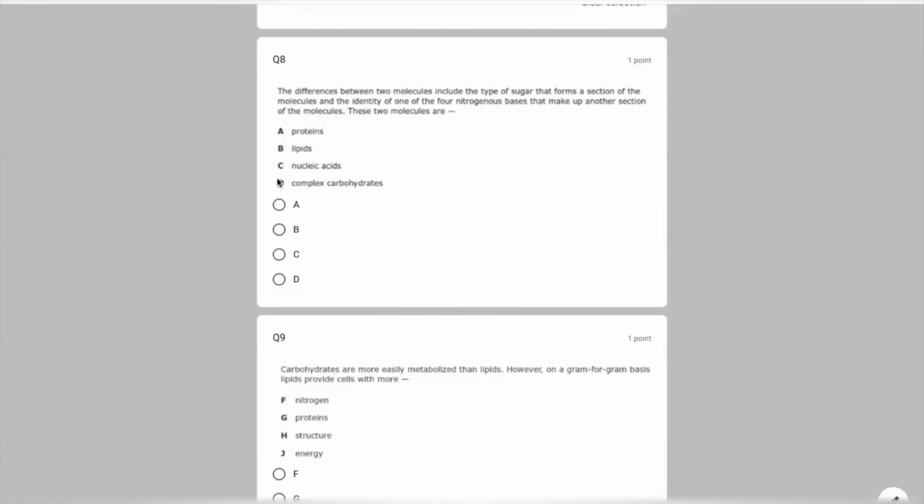It's most likely not going to be D because we don't really do a lot with that in ninth grade biology. And then let's see A. A is probably not going to be correct because it doesn't include the type. Proteins don't really specify with sugars. So that would be out.